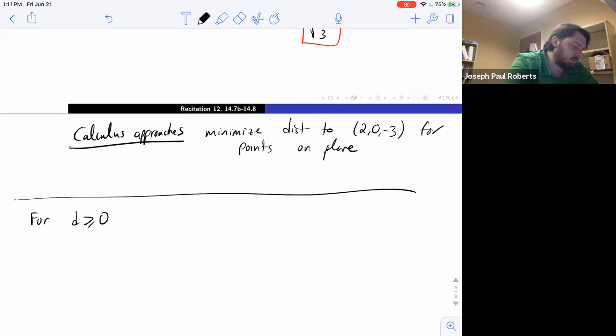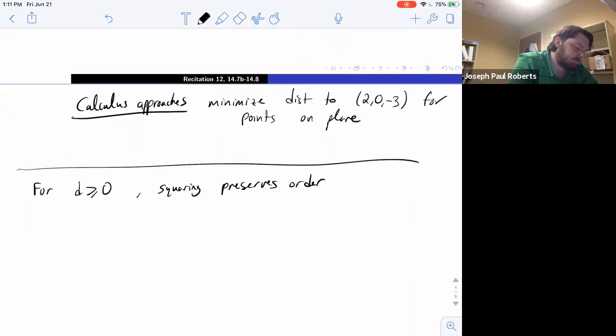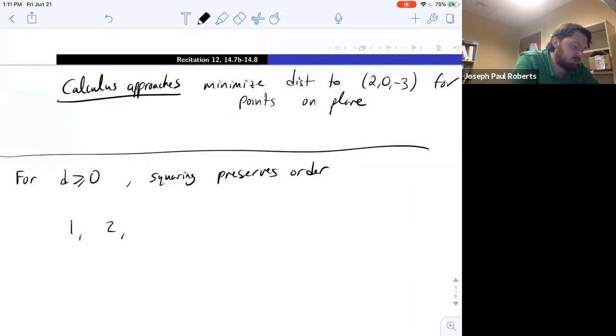So for something that's non-negative, squaring preserves order. For example, if I had this list of 1, 2, 5, 4, 3.